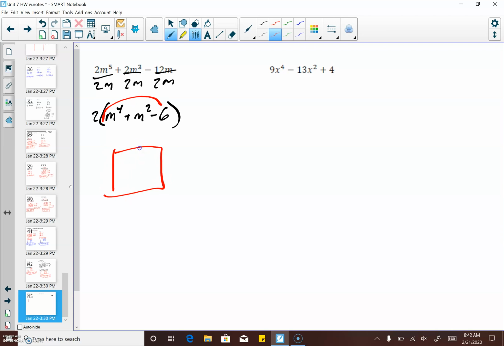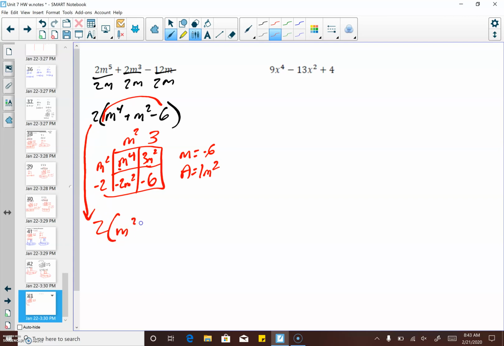So we're going to be in boxes. M to the fourth, negative 6. Now we need two numbers that multiply to negative 6 and add to a 1m squared. Those numbers are going to be 3m squared and negative 2m squared. GCF, we get m squared, another m squared, we get a plus 3, minus 2, and those two multiply to negative 6. Can't forget about our 2, that's got to come down.